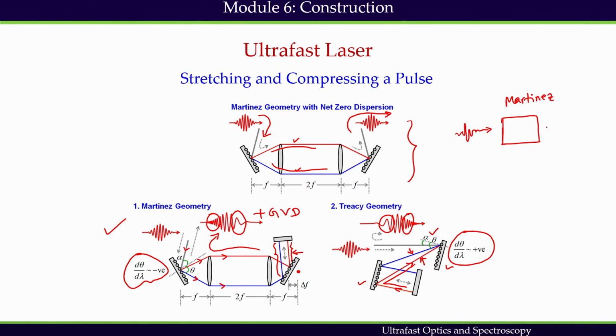Then we introduce this chirp, and then if we send this pulse to the Treacy's geometry, we get the reverse of this effect, which means we recompress the pulse again.